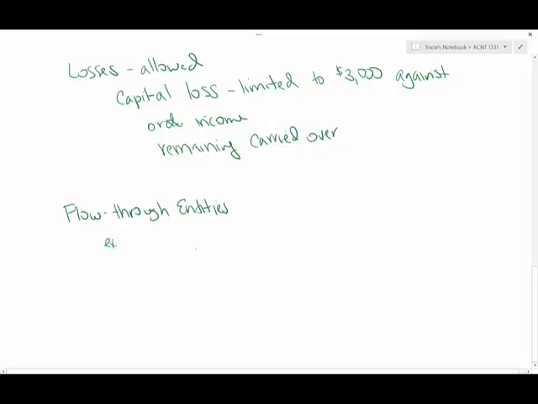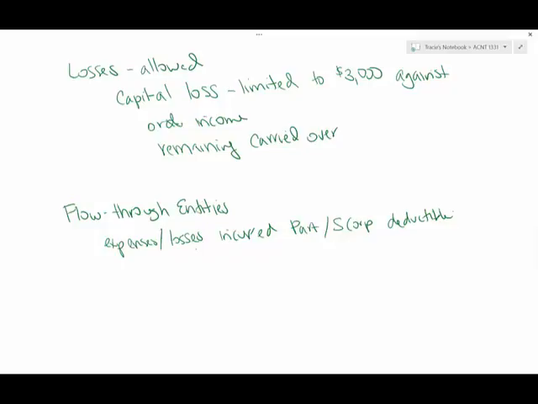So, expenses and also losses that are incurred through partnerships or S corporations are deductible as FOR AGI deductions. And they are reported in the specific place that they're related to. The information about those deductions and the income is reported on page 2 of the Schedule E.